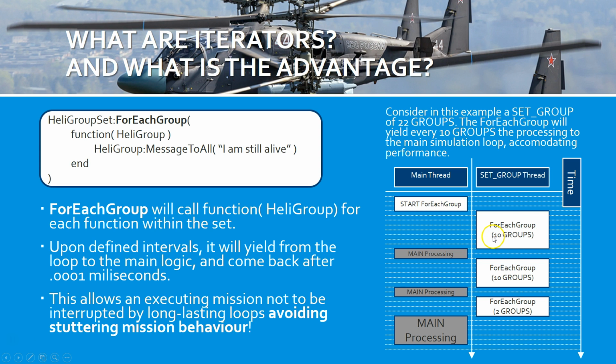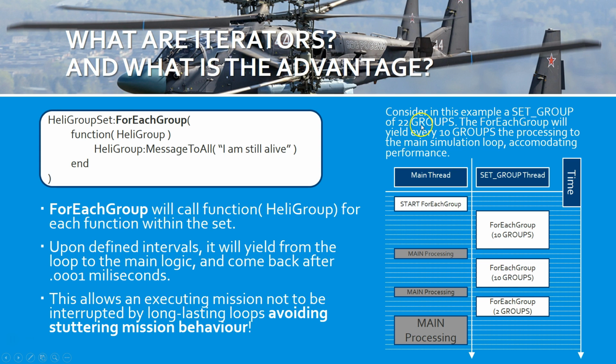So right now the parameter is every 10 groups the function will be called, but once 10 groups were finished here in this example, the processing will be handed over back to the main processing loop and other functionalities can be executed. And once that is done, then for each group will continue from where it left off.